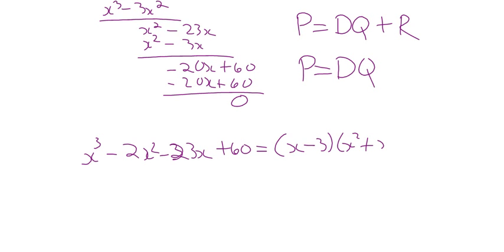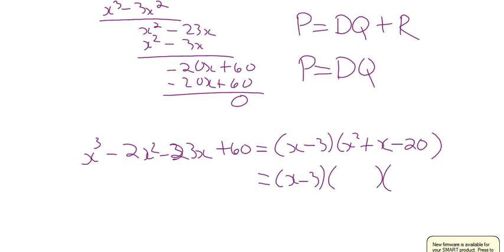Damn, ran out of ink. Which is x minus 3 times x plus 5 and x minus 4. So there we go. Now we have the fully factored form of that cubic.